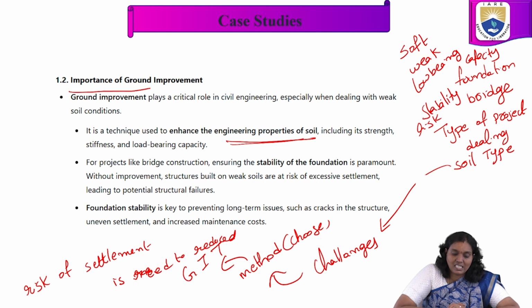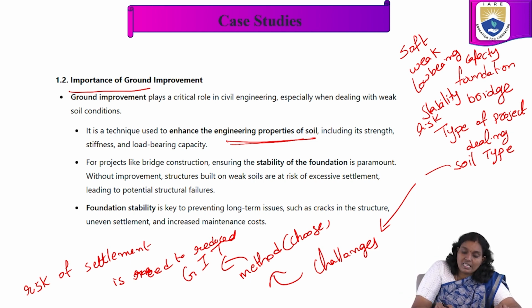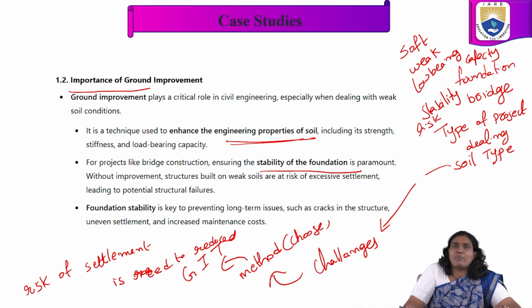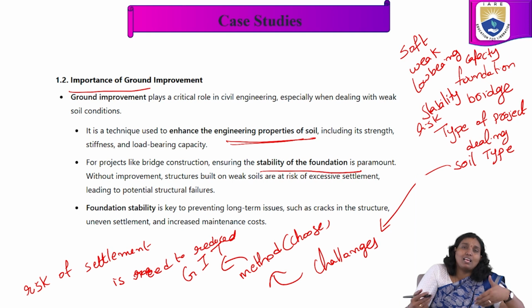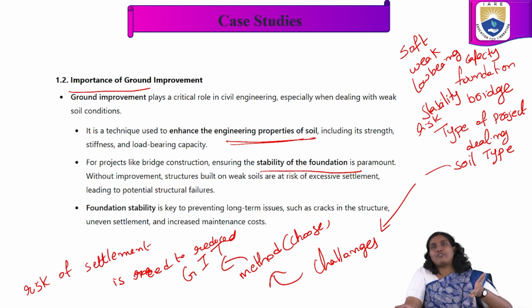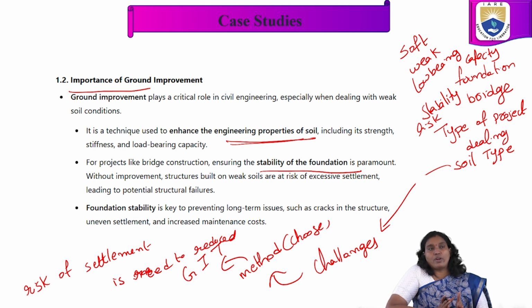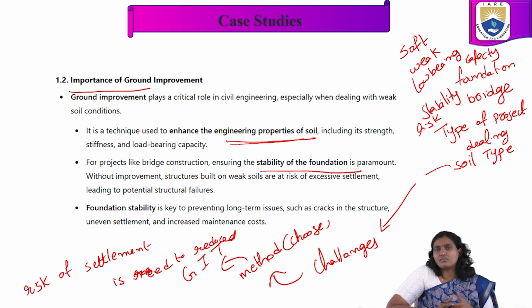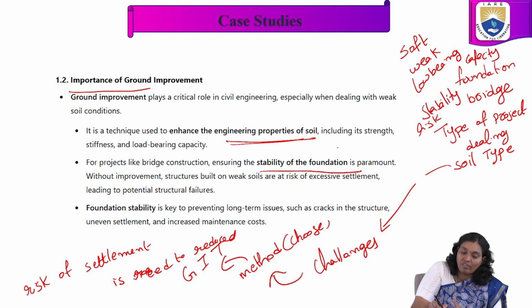For projects like bridge construction, ensuring the stability of the foundation is a very important parameter. Without improvement, if the soil is used as it is without any ground improvement, we face so many challenges and hurdles, and it may put so many things at risk from an economic point of view and also from a safety point of view. Such failures lead to very uncomfortable conditions. So for projects like bridge construction, ensuring the stability of the foundation is very important.